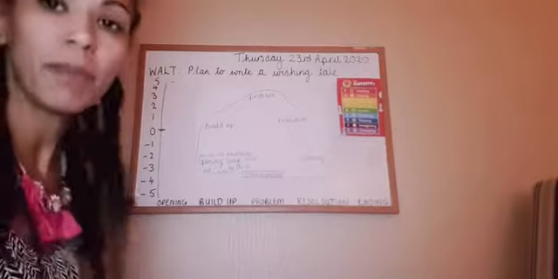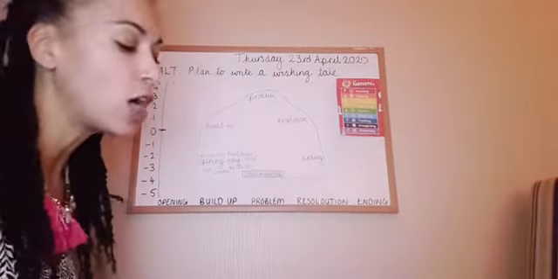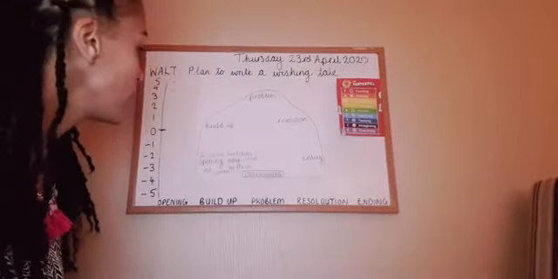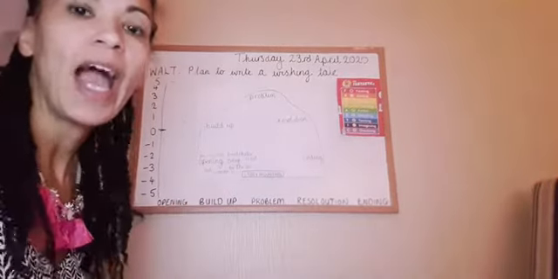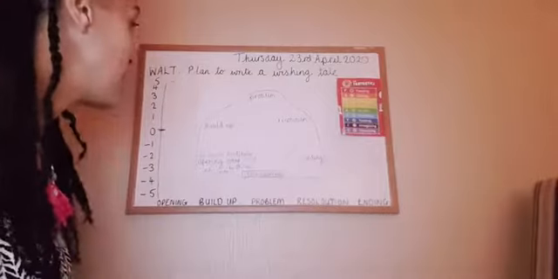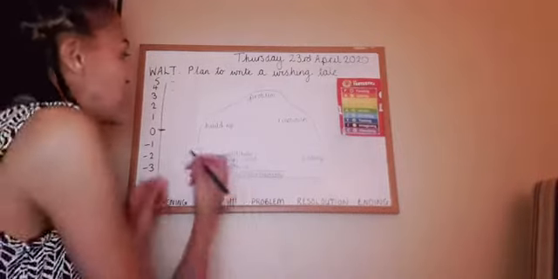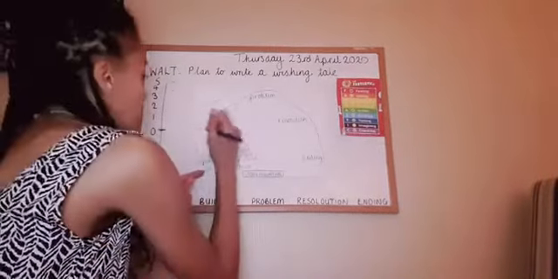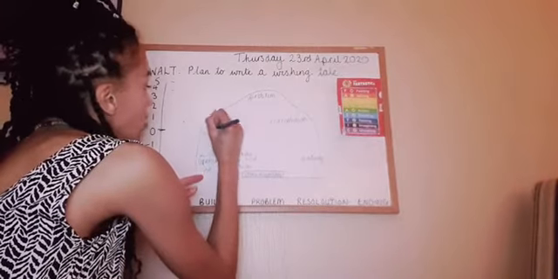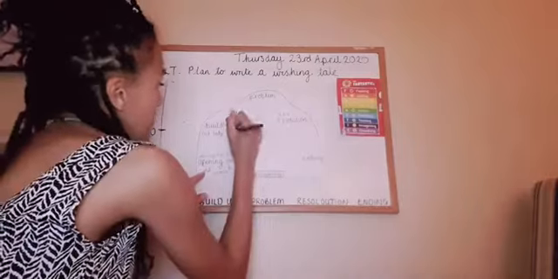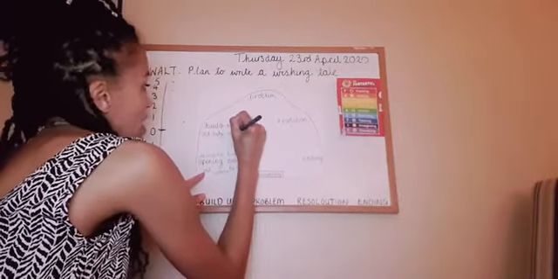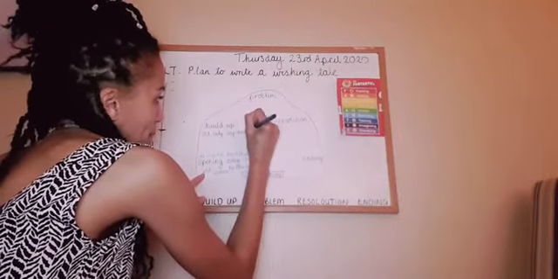So for my build-up, we could have this old woman feeling really hungry and going to bed on an empty stomach. So for the build-up, we could say the old woman is very hungry.